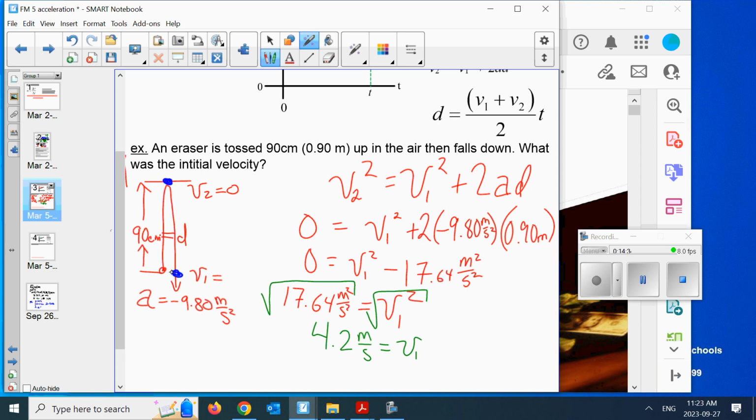Guess what that final speed would be? Mathematically, it works out to be the exact same.